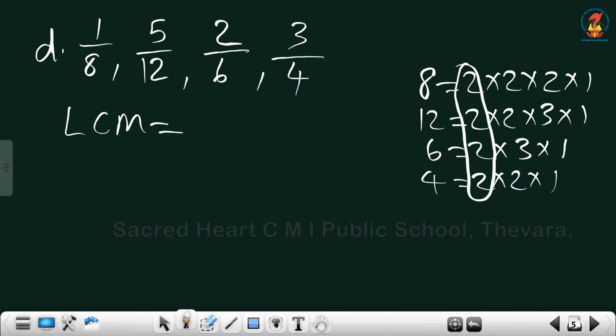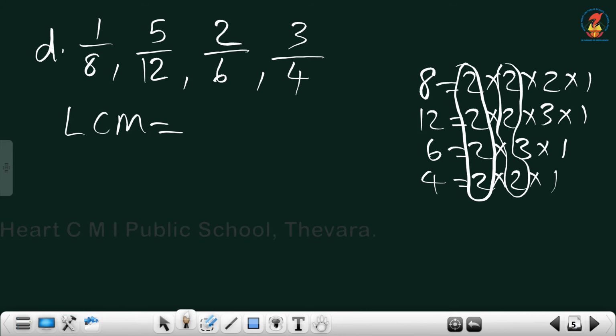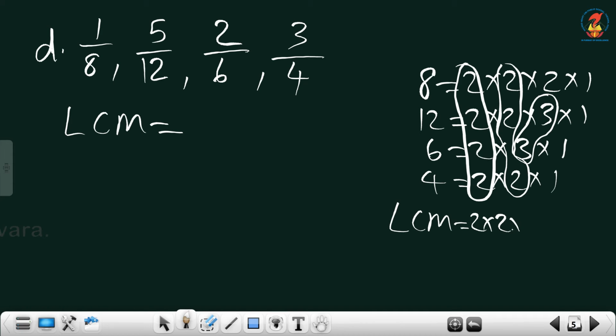All the 2s in one group, 3 is one group, and the balance is 2, and the LCM is what? 2 into 2 into 3 into 2 into 1. 2 2s are 4, 4 3s are 12, 12 2s are 24, right? LCM is 24.